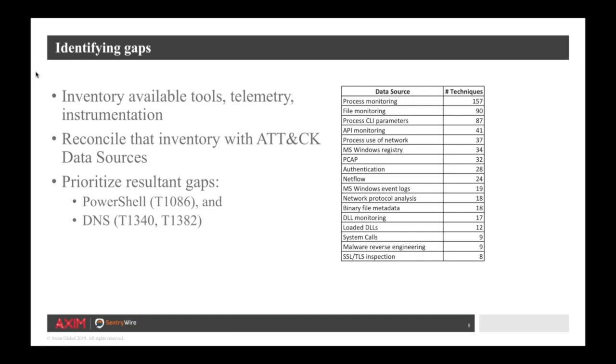Probably the least level of effort method is by identifying gaps. To use the framework to identify gaps in the enterprise coverage, in the enterprise suite of tools, or the security posture of an enterprise. And the approach for identifying gaps is fairly straightforward.